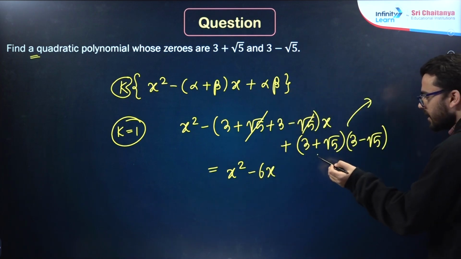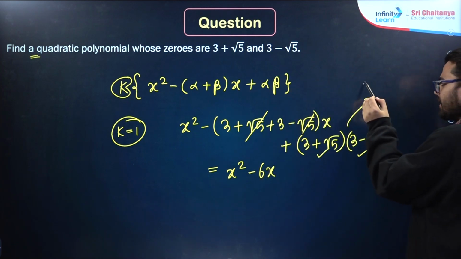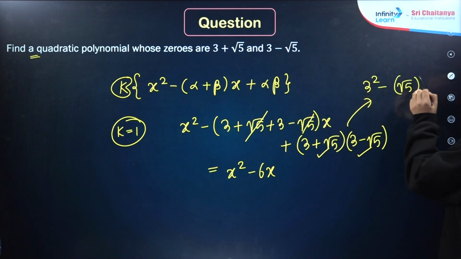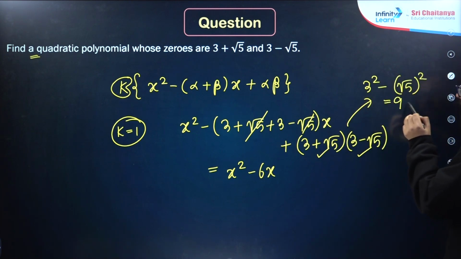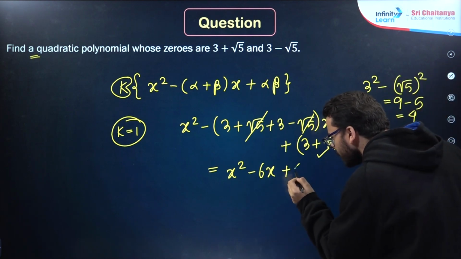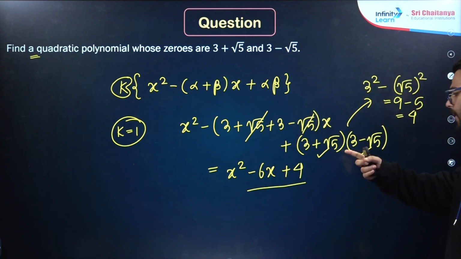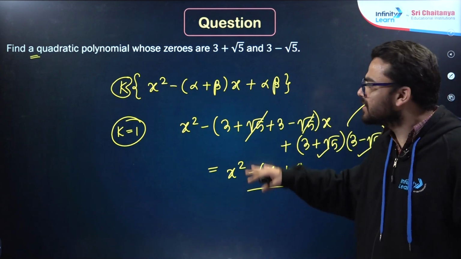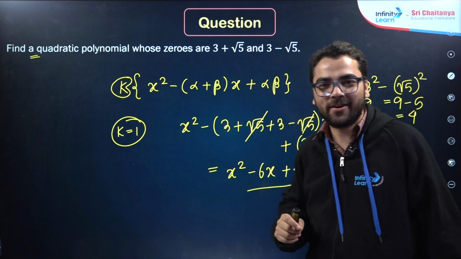Over here, you can use a plus b, a minus b identity. That is 3 square minus root 5 square. So this is 9 minus 5, 4. So x square minus 6x plus 4. Just check it once again. So this is one of those polynomials whose zeros are 3 plus root 5 and 3 minus root 5.